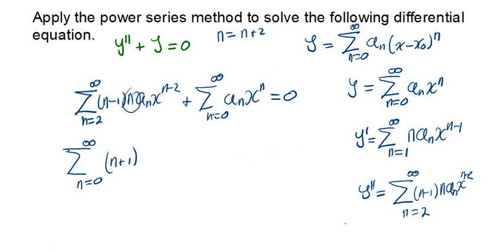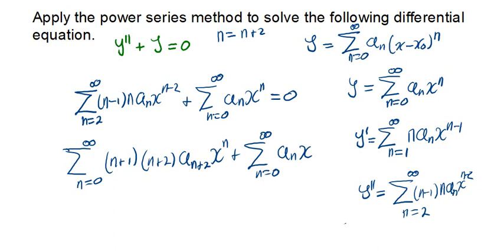Where there's n here, put n plus 2, that's going to be n plus 2. Then you have your a sub n, so that would be your a sub n plus 2. Then that would be your x to the n, from n is equal to 0 to infinity there. Then you still have your a sub n x to the power n, n is equal to 0.